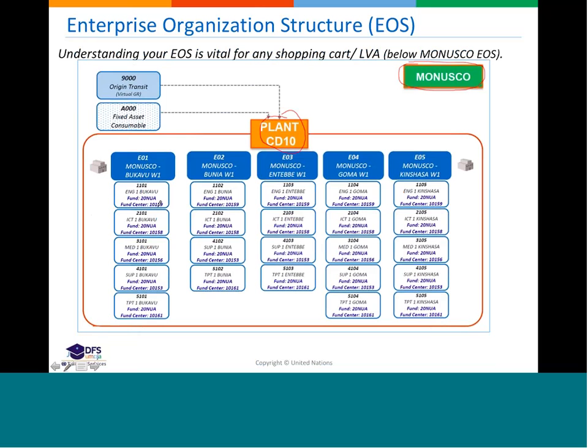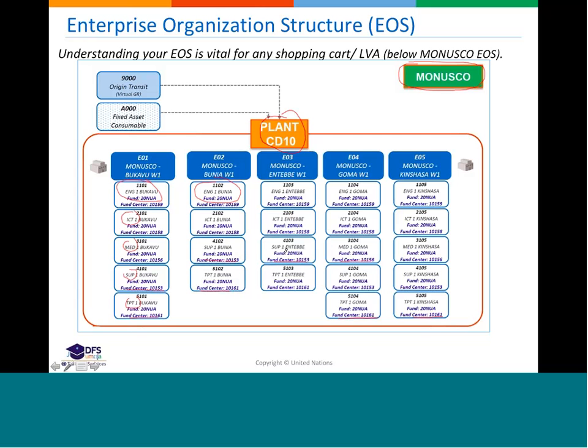Okay, so we have engineering, we have ICT, we have medical, we have supply, and then we have transport. The fund center is the same across all MONUSCO. The fund center of supply is 10153. Okay, supply 10153 across all MONUSCO.